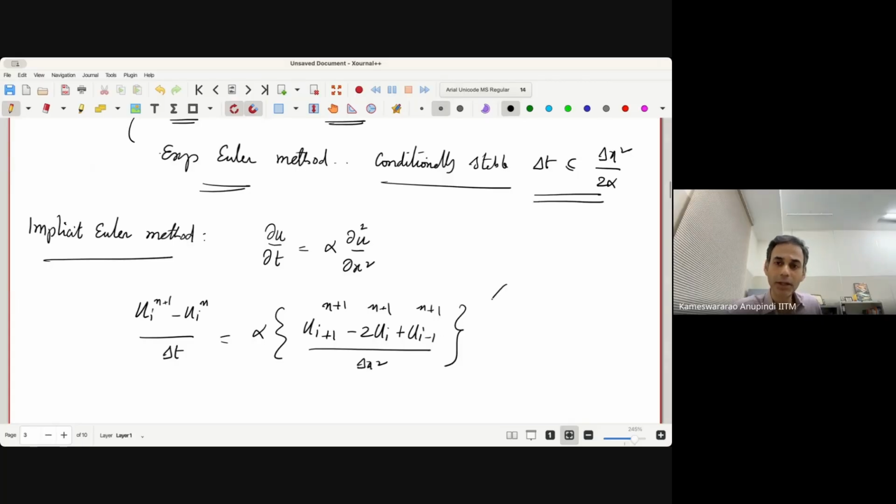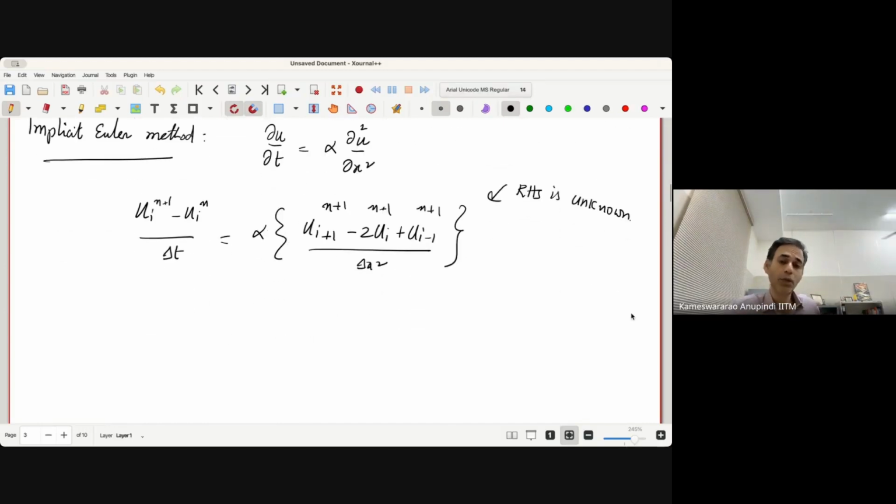That means everything on the right hand side is unknown, right? These are all required at n plus 1 stage rather than at n time level. So we don't know any of these things.